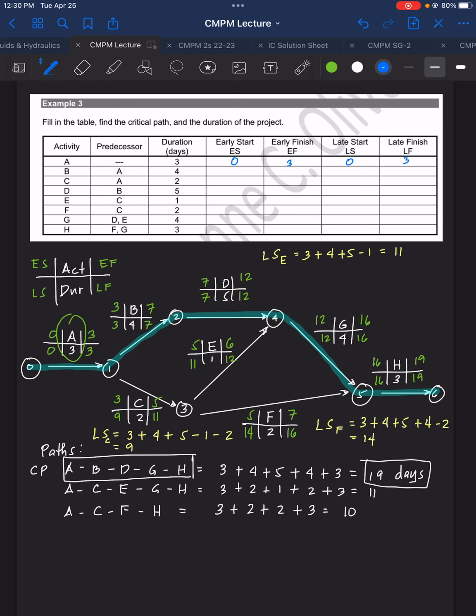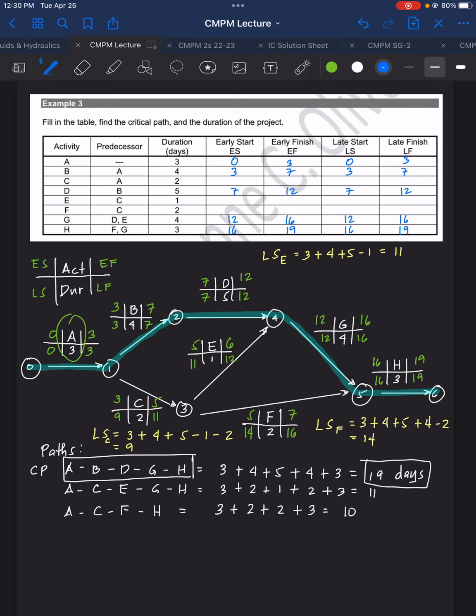For activity B, that will be 3, 7, 3, 7. For activity D, we have 7, 12, 7, 12. G, 12, 16, 12, 16. And then H, we have 16, 19, 16, and 19.